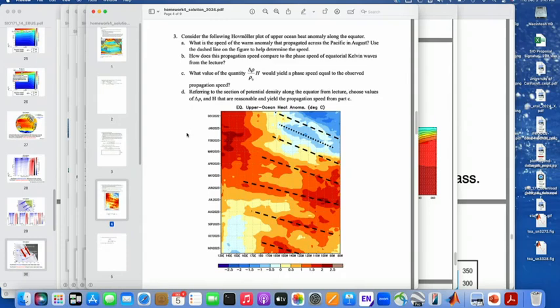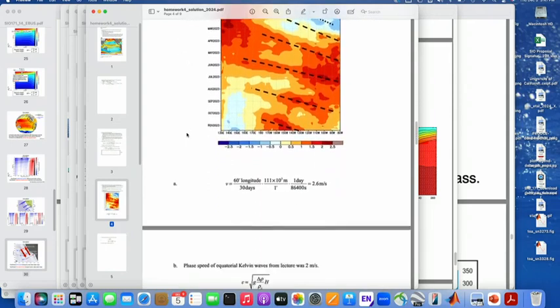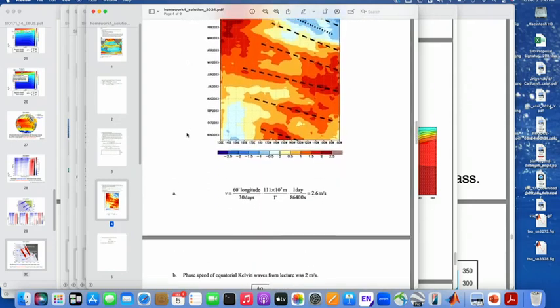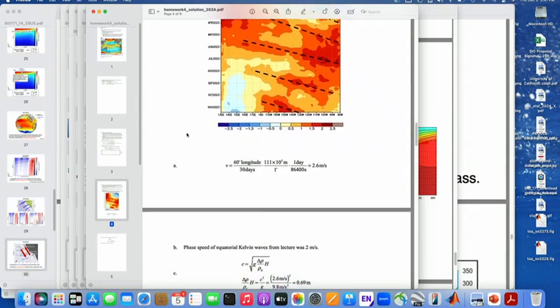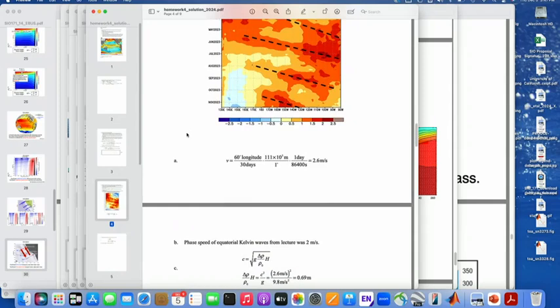I just wanted you to look back at this slide and write it down. So it's just 0.69. What did you get? 0.69. That's what I got too. There's my answer, 0.69.